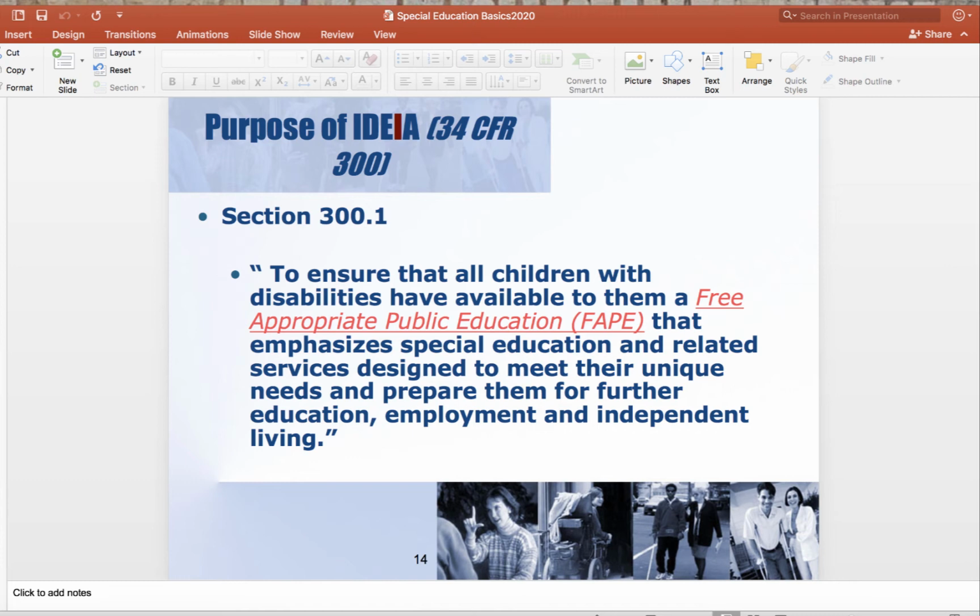But for the most part, we need to remember this is special education. Not only do we need to look at academics, but we look at all educational needs of students, such as social, emotional, behavioral, vocational, living, functional, on and on and on. It broadens the definition of educational needs for these students.